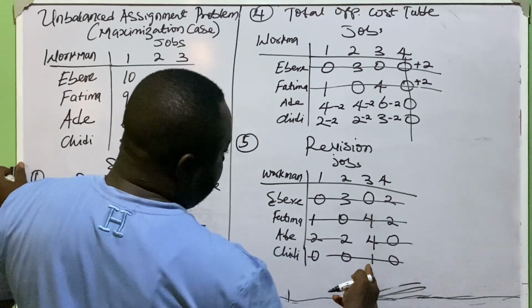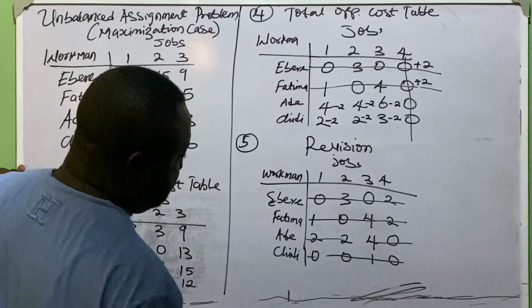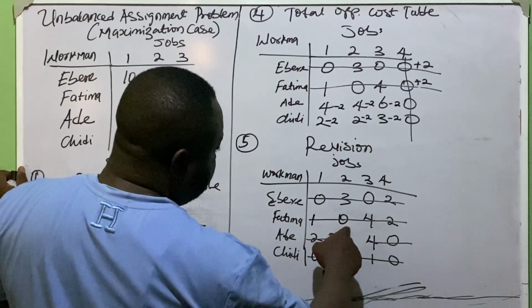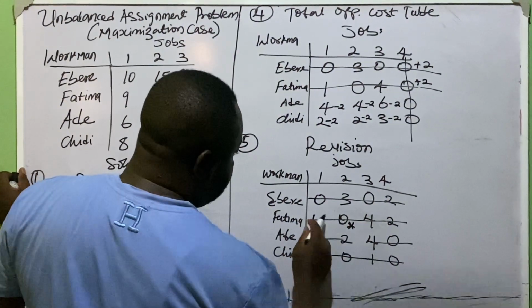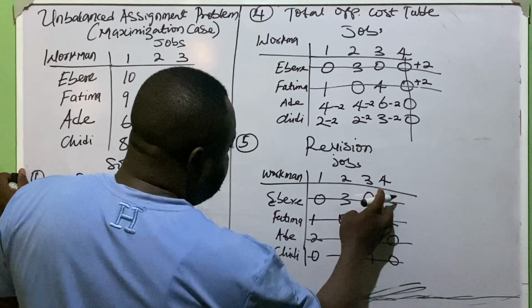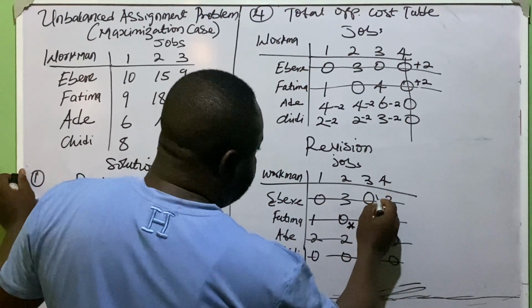It is alone column-wise and it has 2 here. Since there is no 0 that stands alone in both row and column, this 0 is alone here. It is alone in row and it has 2 here. And this column one is alone here and it has 2 here. So it has to take.